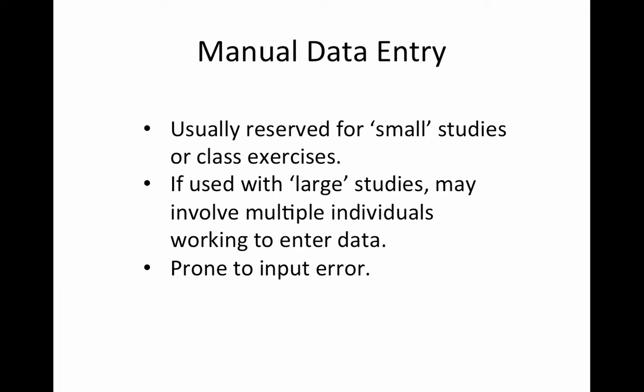In either situation, that will have an impact on our results, particularly if we have values that are outside the range of possibilities, because then we start to get some skewness in our findings. So again, manual data entry is typically reserved for smaller scale situations, but even in smaller scale situations, we have to be aware that we can have potential errors with our input.